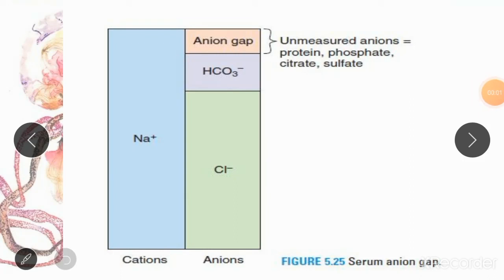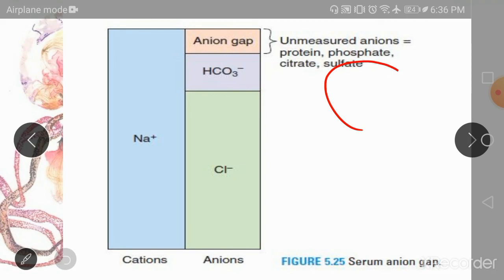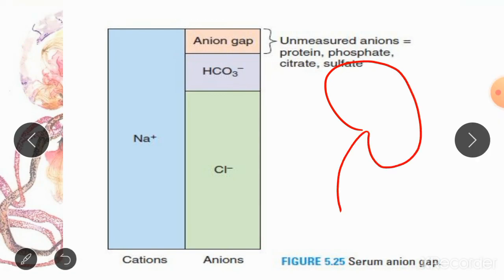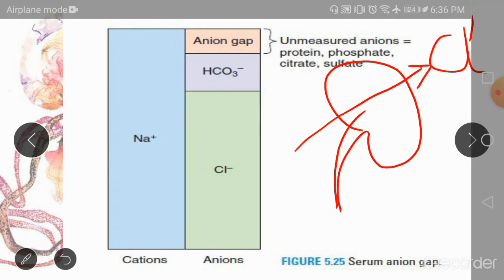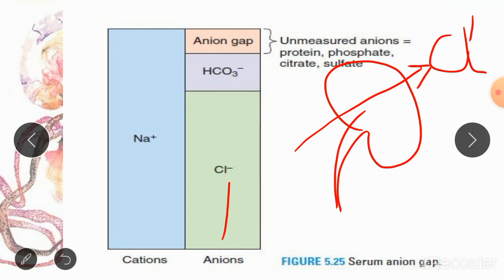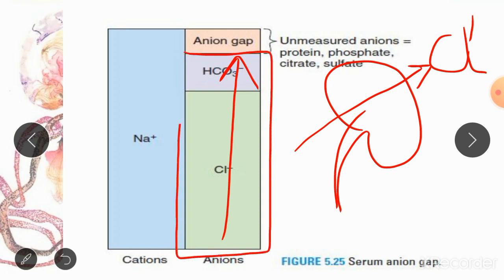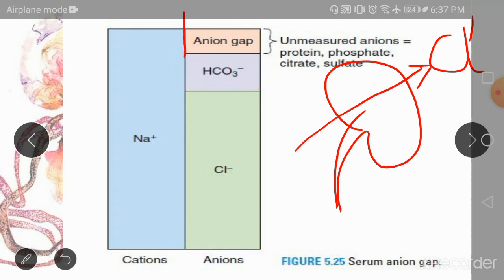When the reason for metabolic acidosis is reduced bicarbs, remember that the kidneys always start to compensate for this bicarb loss by trying to reabsorb chloride. So whenever metabolic acidosis is due to decreased bicarbs, the concentration of chloride is going to increase, and the value of measured anions is going to remain the same, so the anion gap is going to remain the same.